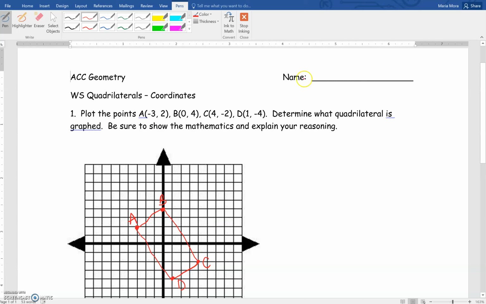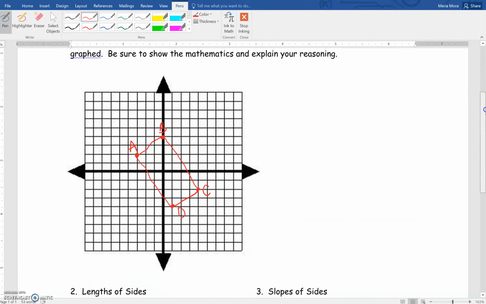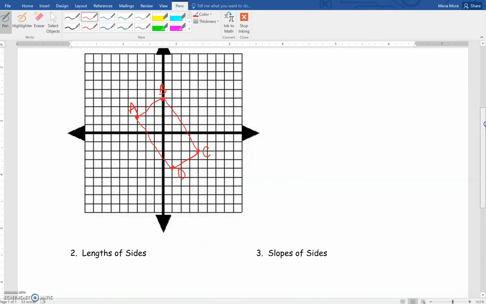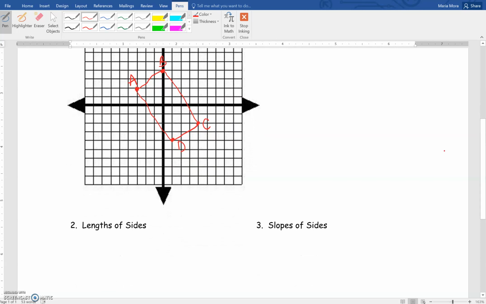Okay, so we need to determine what kind of quadrilateral is being graphed, but we need to be able to show it using math and being able to explain why that quadrilateral is what we're claiming it is. So in order to do that, the first thing that it says is to find the lengths of the sides. So if you look at this quadrilateral, all the line segments are diagonal.